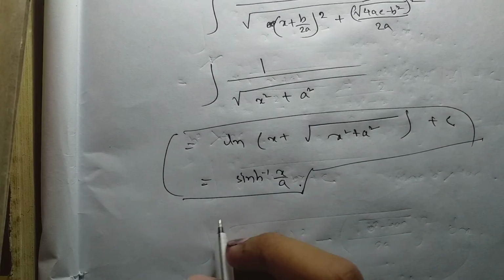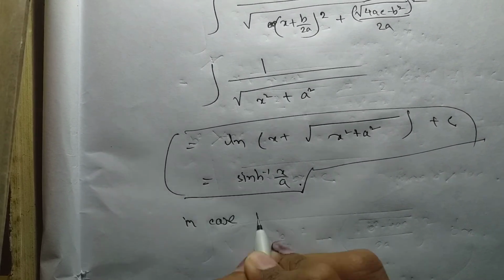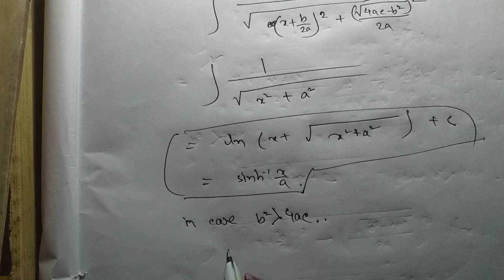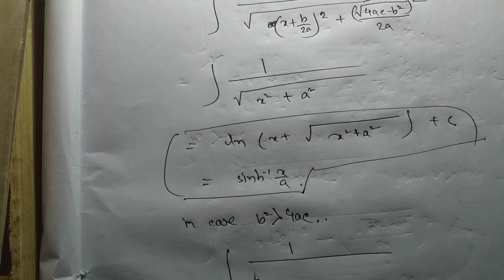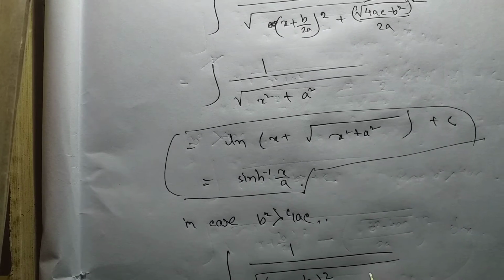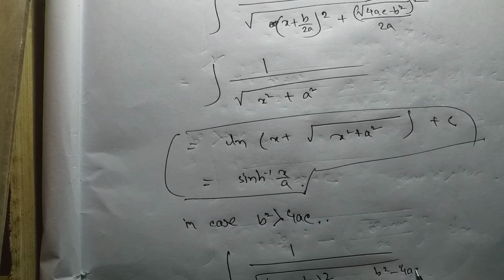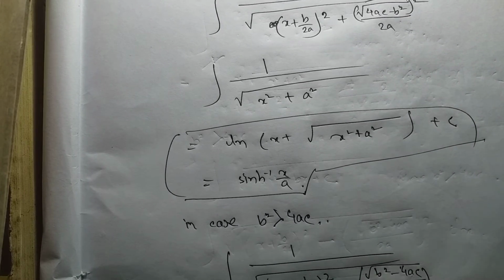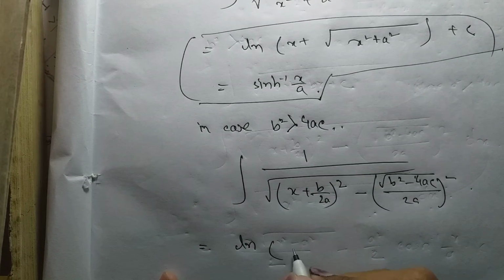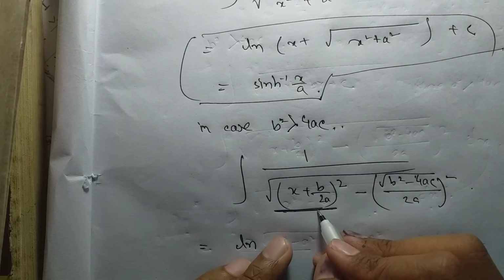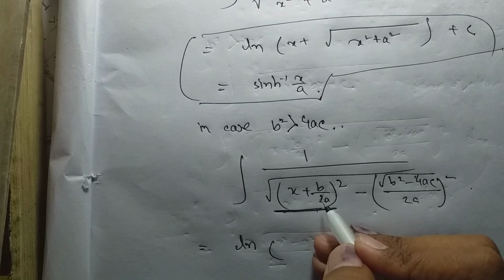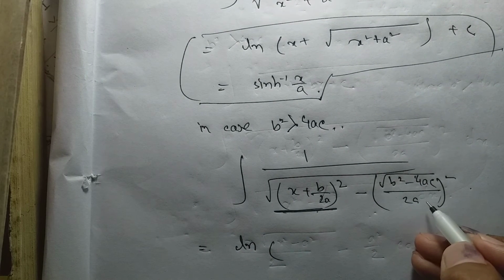And in case b squared is greater than 4ac, what will you do? In this case, it is just a sign change and nothing else: x plus b by twice a, whole squared, minus b squared minus 4ac by twice a, whole squared, under the root. Here this whole thing is taken to be x, and this whole thing is taken to be a.